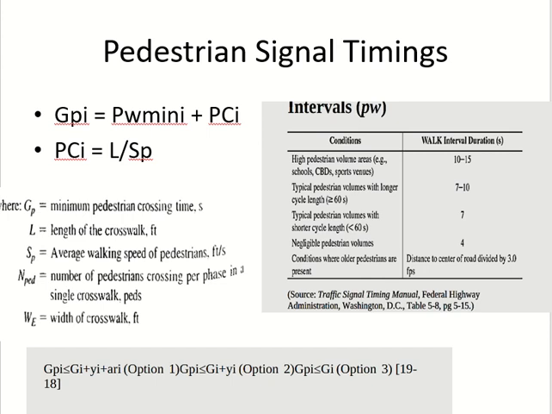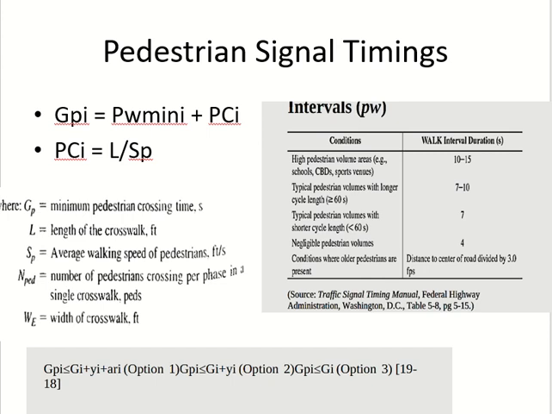We calculate it using this equation, which is L upon SP. L is the length of the crosswalk, how far he has to cross, and SP is the speed of pedestrians. There is a speed given in the table. How much speed is given?